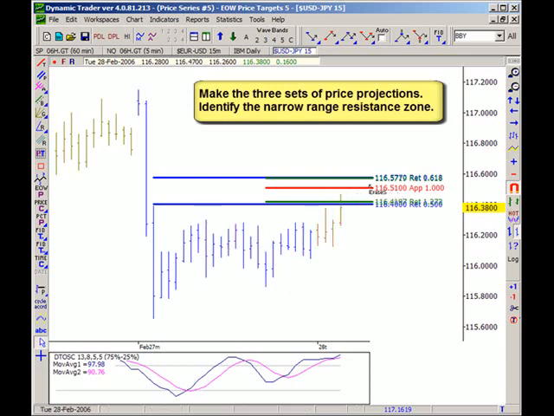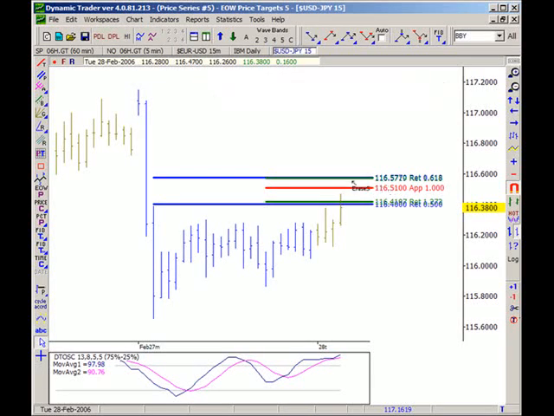So the ideal zone is right here, because that has right about 116.51 to 116.57, because that zone includes one projection from each of the three sets that we've done. We've already reached kind of the minimum target, which includes 127% external retracement, but this would be the ideal.